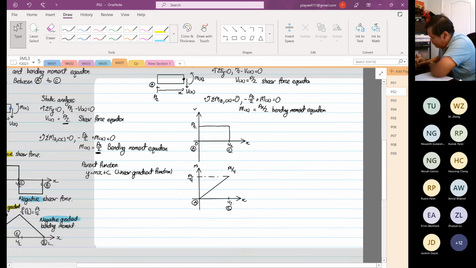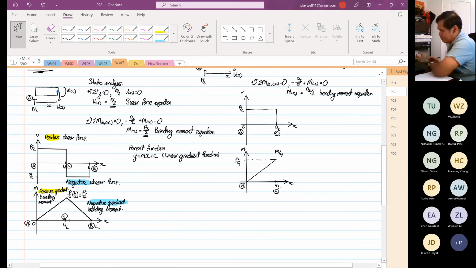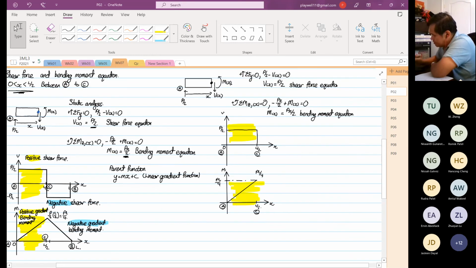Now, if you look at both diagrams now, this part over here from A to C is exactly the same as this. Because if you look at it mathematically, the equations are always the same. That's why people that are very good in math, they're very miserable.